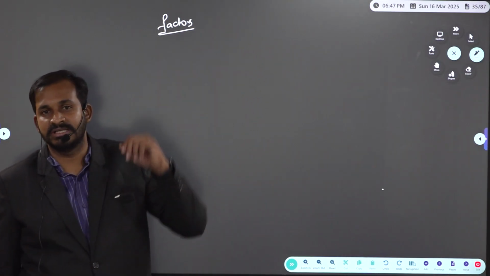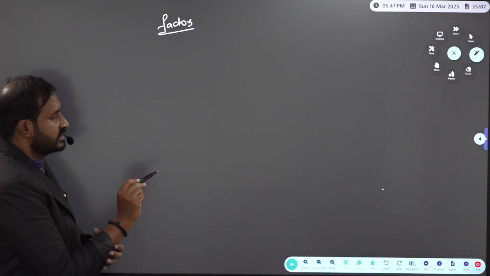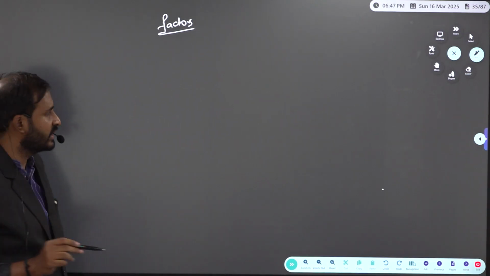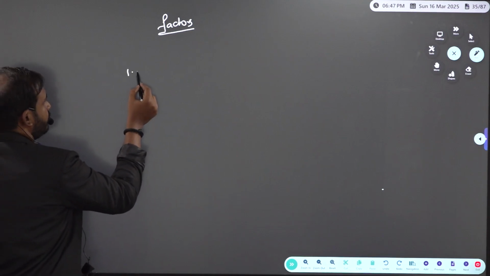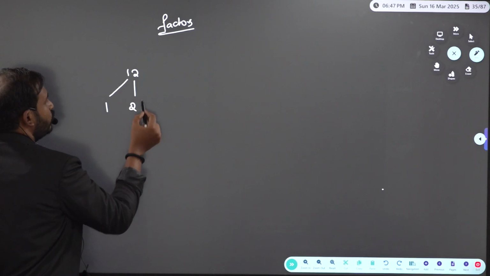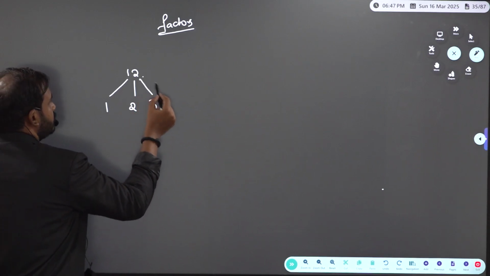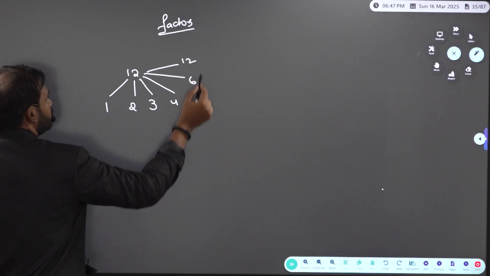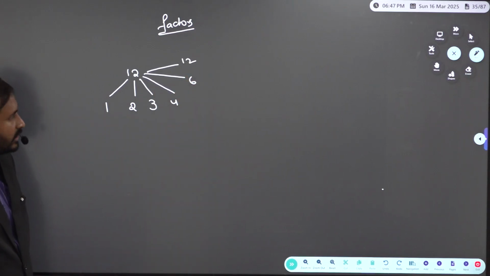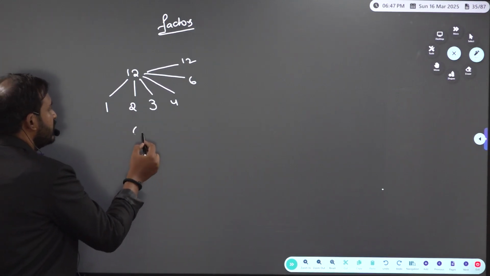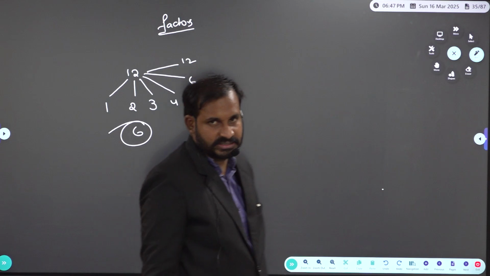So how will we find the factors? For example, if I take 12, what are the factors for 12? 1, 2, 3, 4, 6 and 12. As 12 is a small number, you can easily count them and say that the number of factors for 12 is 6.